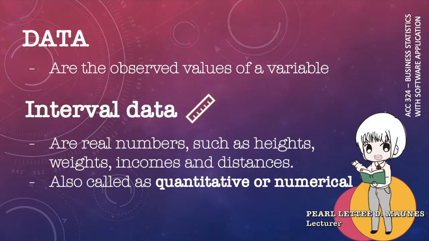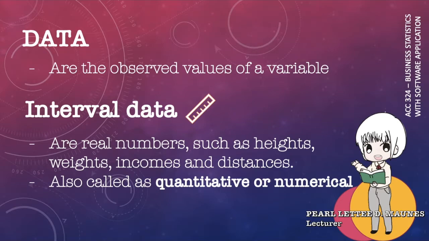First is the interval data. Interval data are real numbers such as heights, weights, incomes, and distances. As you can see, it is also called quantitative or numerical. In interval data, we have here a figure which is a ruler, because it is in real numbers, same as with the height.